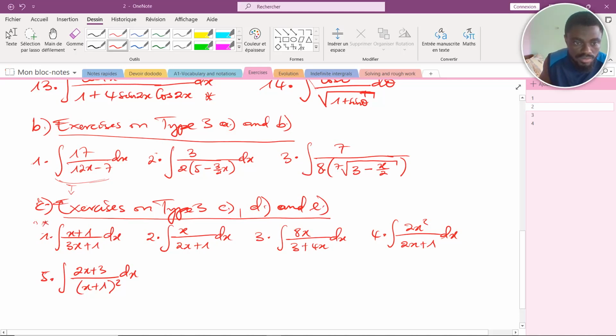I'll do question one. I'll do this fourth one, and let's say this fifth one. Okay, that's what I'll do. You do the rest. Okay, let's take the first one, the integral of x plus 1 all over 3x plus 1 dx.